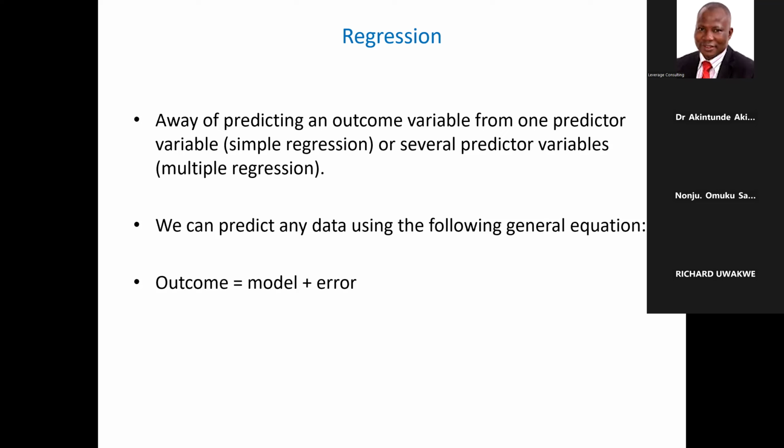We can predict any data using the following general equation. Look at the crude way, no statistics yet, because the essence of statistics is to mirror life situations in an equation, or in a graph, or on a table. Those are the three ways of modeling life situations. So, let's say equation now: the outcome variable is equal to the model and error.